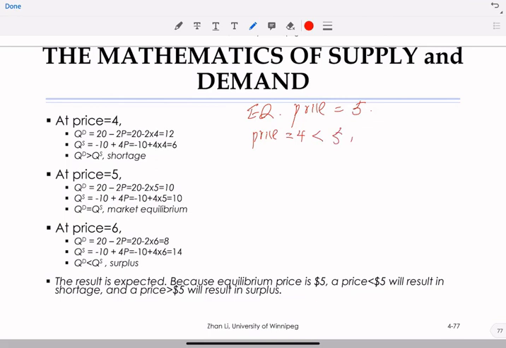We know that if the market price drops below the equilibrium price, there will be a shortage, right? So let's verify there will be some shortage. Quantity demanded equals 20 minus 2 times the market price, which is 12. And QS is minus 10 plus 4 times 4, which is 6.